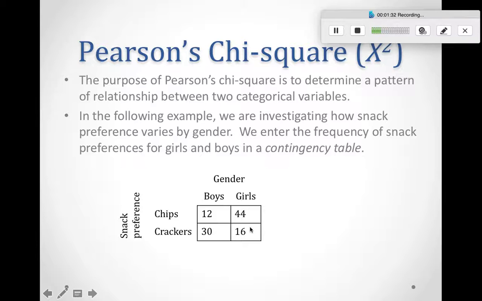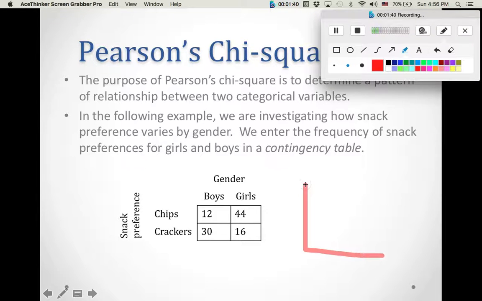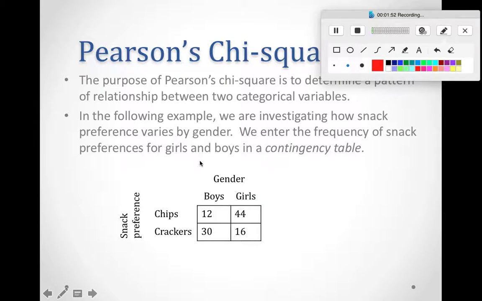Let's talk about directionality. With our correlation, we talked about directionality a little bit. With a correlation, you had a positive correlation, or you had a negative correlation, something like a downward slope. So directionality works very similarly with crosstabs here.